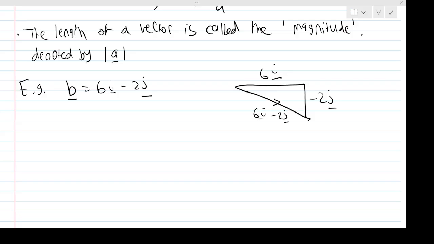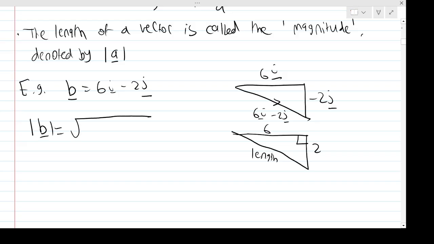Cool. So then the length, well, if we just consider the numbers, we can also consider the triangle. We're going 6 across and 2 down, right? So it'd still be 2 down there. And so by Pythagoras, the hypotenuse here is the length. So we can say that the length or the magnitude of the vector b is going to be the root of the two sides squared, or the two components squared.